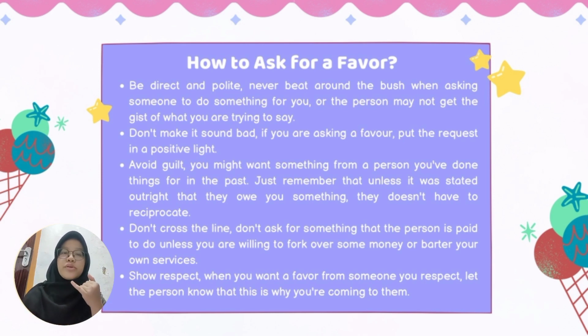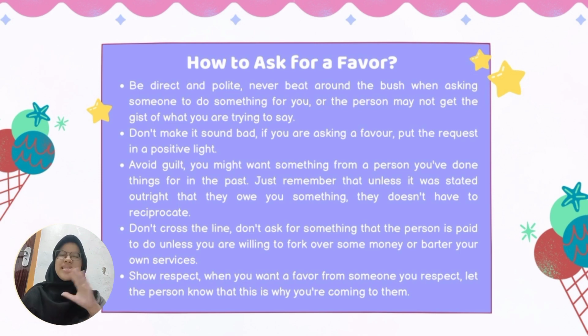You can ask your neighbor, would you mind, I have to buy something from the store but my baby is still sleeping, would you mind coming over to look after my baby? That's being direct. And also be polite: I will be happy to pick up something for you from the store. That's being polite. So if you want to ask a favor, you have to be direct and be polite.